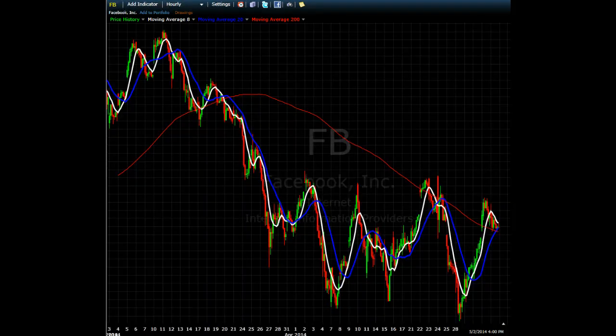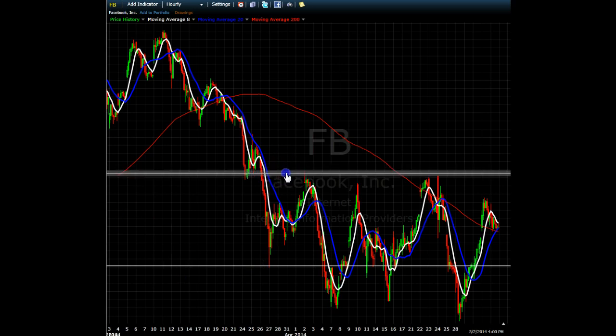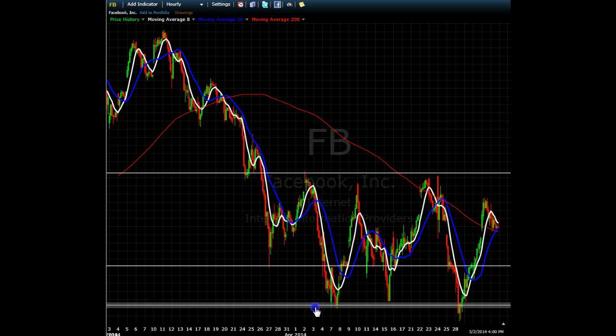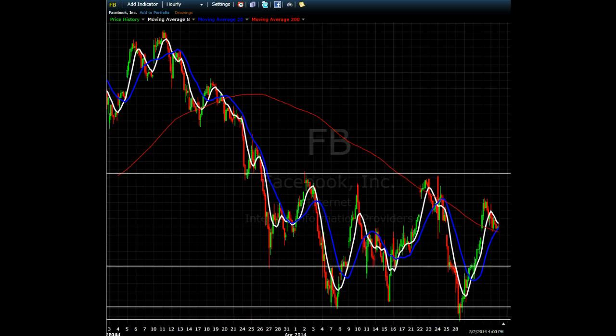Facebook. All right, so we've got kind of a low there. We got a high right in there. Right in there. That was a low there. That was a low there for the week.